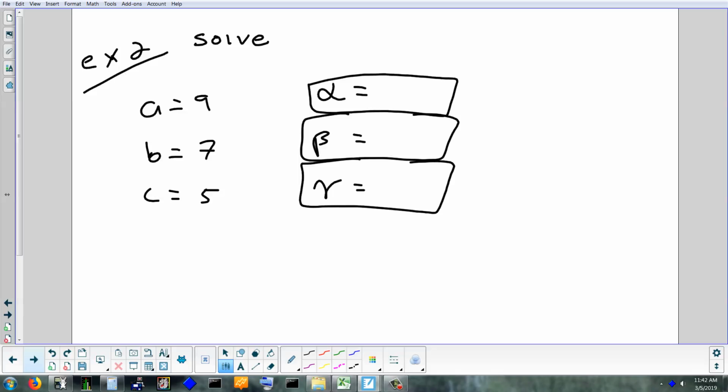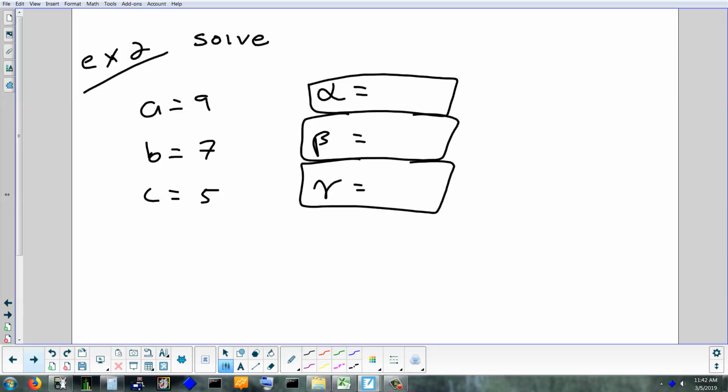Now, at a minimum, in this problem, how many times do you have to do law of cosines to be able to solve the whole thing? Okay? You've got to do it twice. Now, you could do it 3 times, and the benefit to doing it 3 times is that you would be finding alpha, beta, and gamma totally separately.